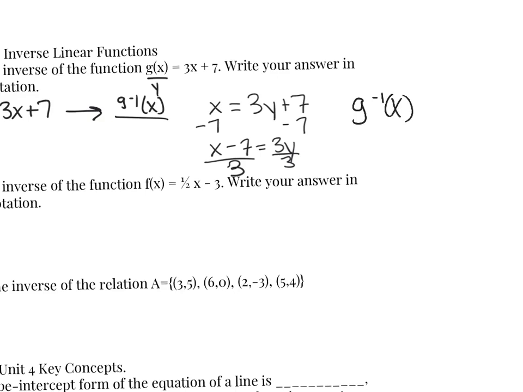It's the same as saying this new y is equal to that. Then I divide x by 3. Now remember there's an imaginary 1 here. So it becomes 1/3 x minus, because I have a negative divided by a positive here, 7/3.